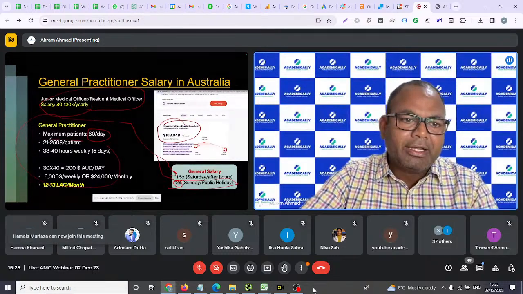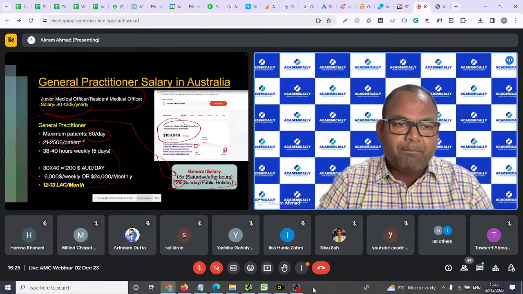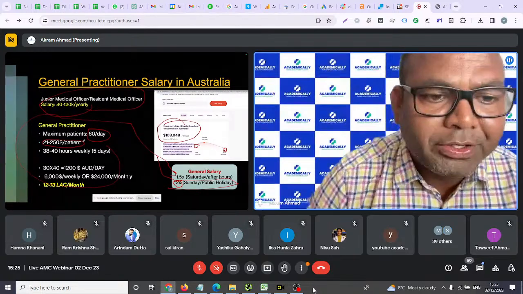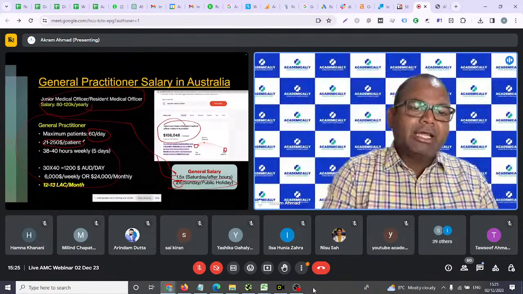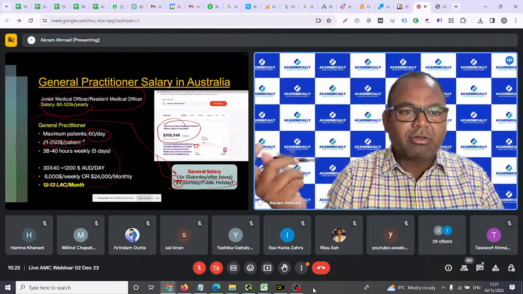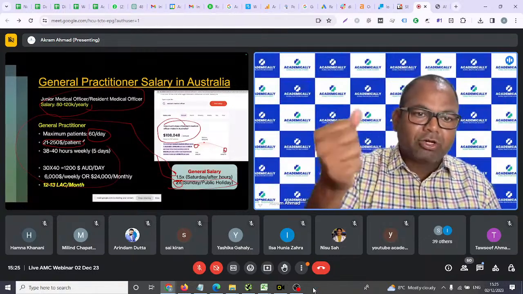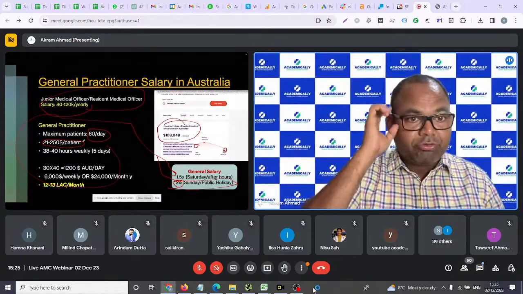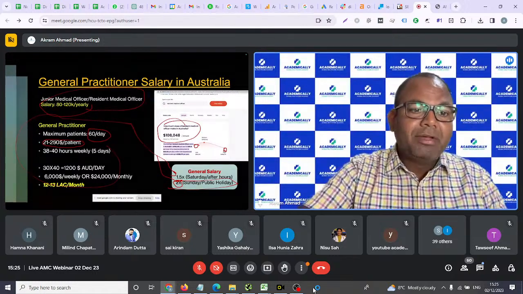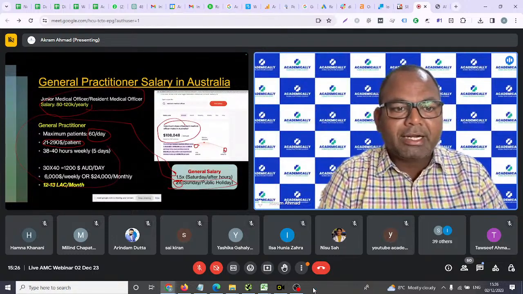Here is a government funded system in Australia. The government will pay. So as a patient, if anything happens to me, or the doctor advises me to visit after one month, I will always visit, because there is no need to pay any fees to the doctor. The doctor will charge the government directly. Once you see the patient, the minimum you will charge is $21, and the maximum you will get is $250.